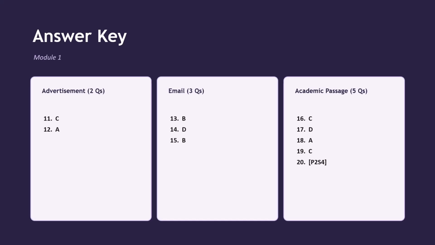For module 1, the answers are 11 is C, 12 is A, 13 B, 14 D, 15 B, 16 C, 17 D, 18 A, 19 C, and for 20, the sentence you should have selected is in paragraph 2 and sentence number 4, which is the matching sentence.